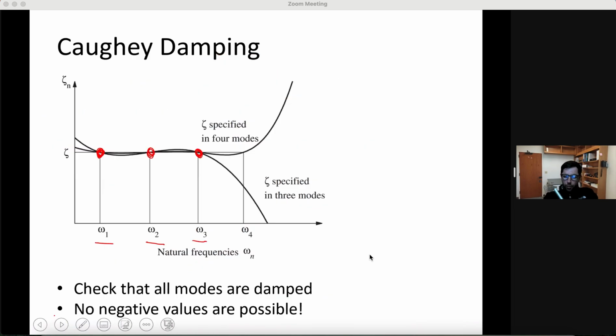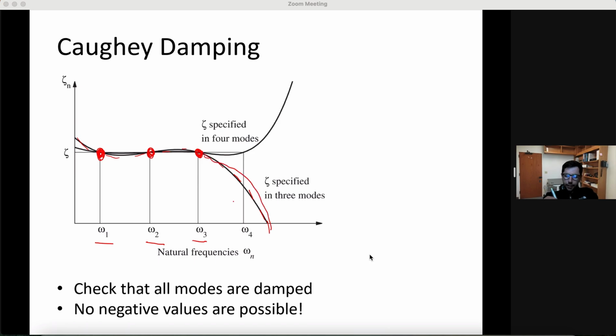The plot shows that if you use only 3 modes, and you plot the equivalent viscous damping across all modes of vibration, the damping will be the one that you assigned for the 3 frequencies, but then it's going to decrease.